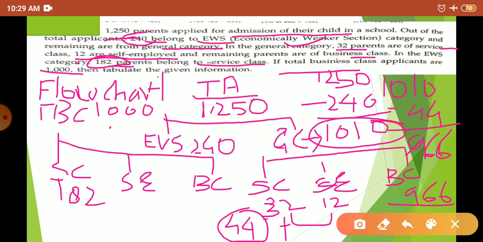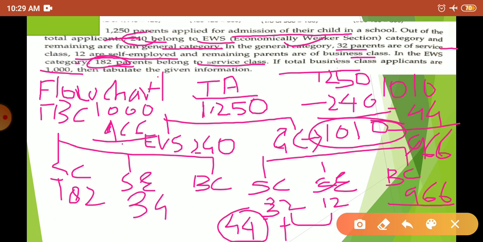So we subtract 966 from 1000 and we get 34.